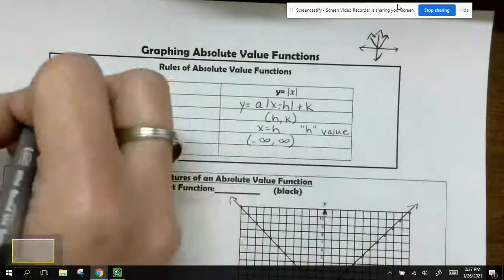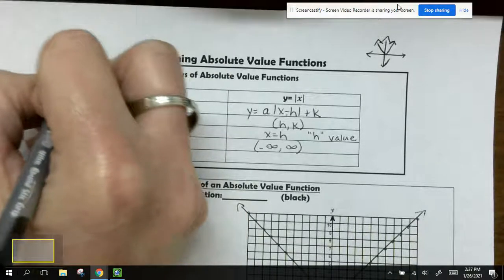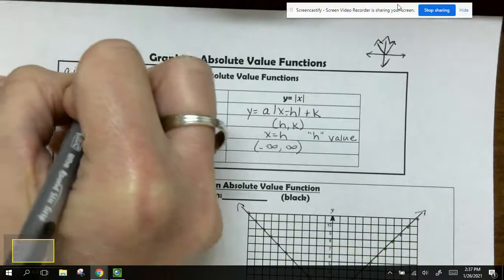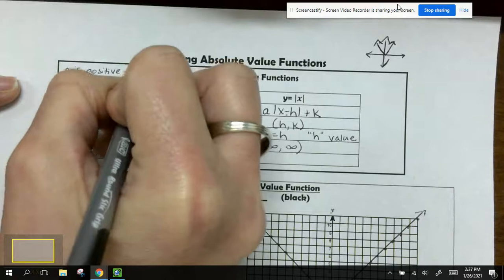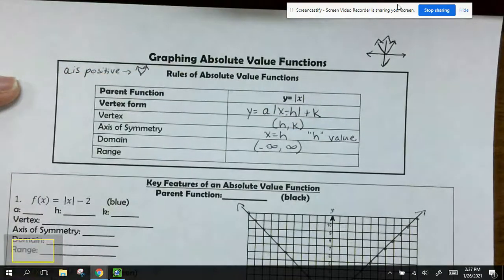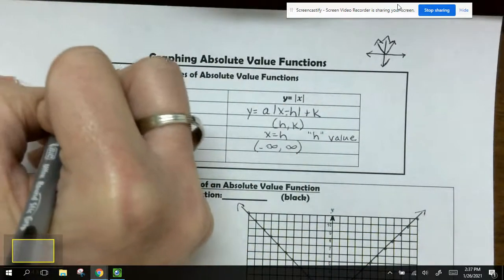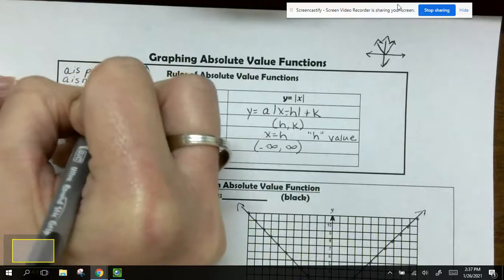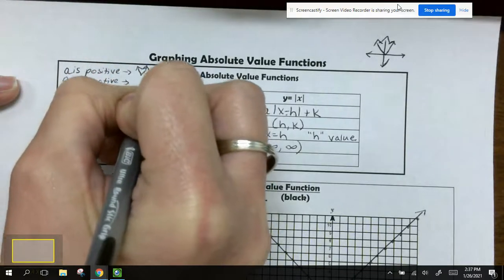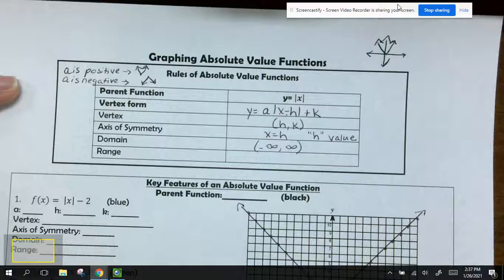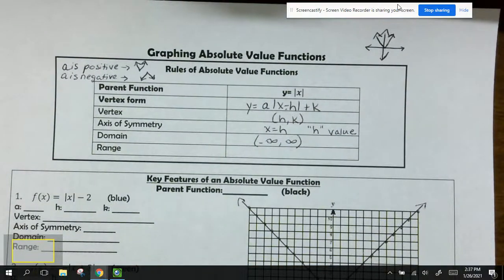So if your a, I'm going to write this over here. If a is positive, then your V opens up like that, okay? If a is negative, your V is going to open down like that, okay? So if a is positive, it opens up, and if a is negative, it opens down.